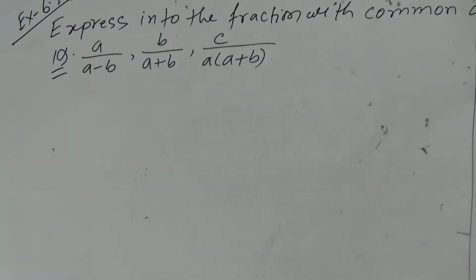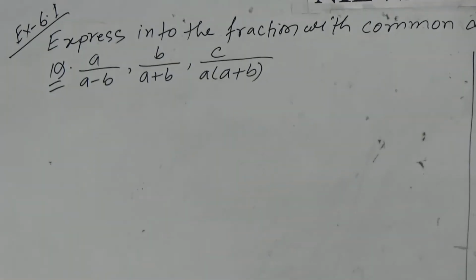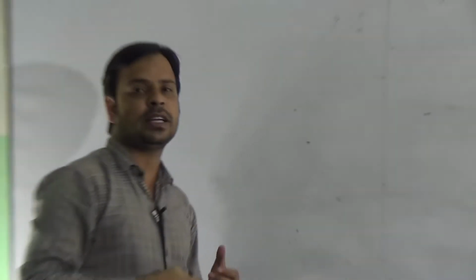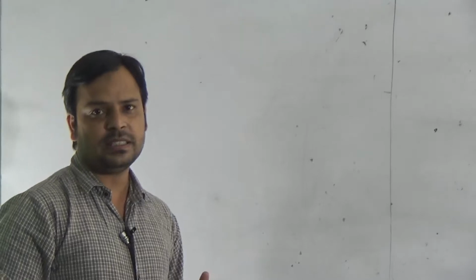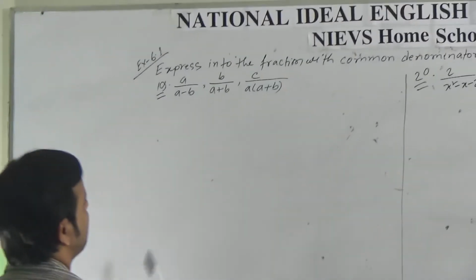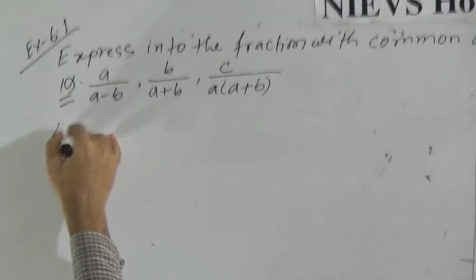Express the given fractions into the fractions with common denominator. This type of problem we have solved in our previous class of this chapter. Okay, dear students, in the same process we will solve these two questions today. Let us start.